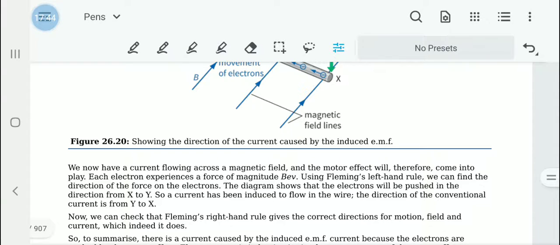In the following situation, using Fleming's left-hand rule, we can figure out that the direction is from X to Y. The direction of the movement of electrons is from X to Y, and the direction of conventional current is from Y to X.